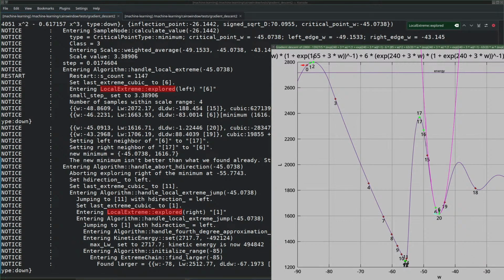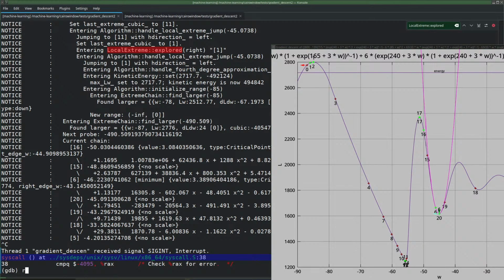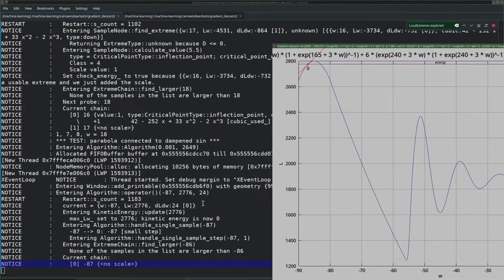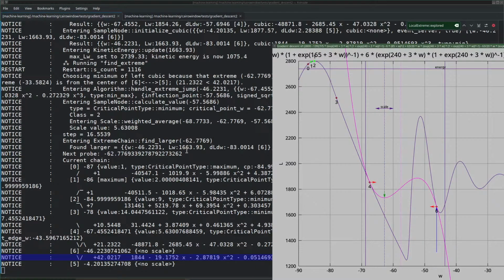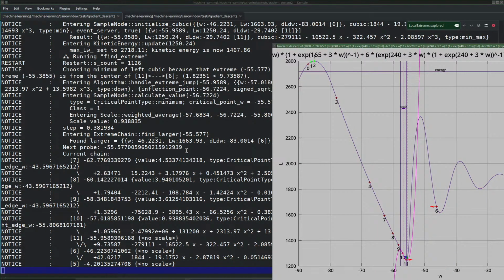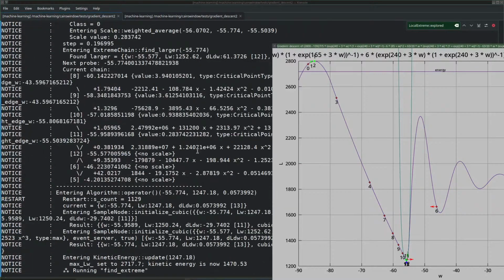There's no extreme in between. Then the previous extreme is marked as explored in that direction. Yep, 2 should have been marked as explored in the direction right at the moment that this one is found. Surely that didn't happen. Did not happen.